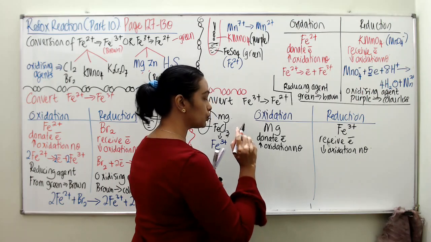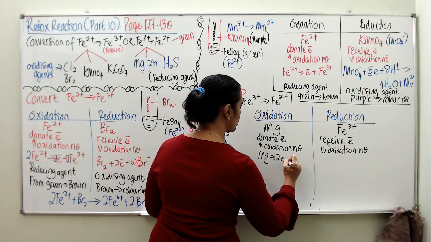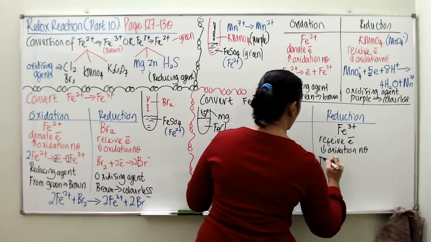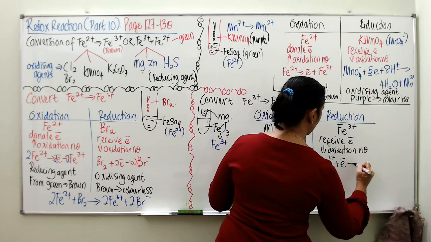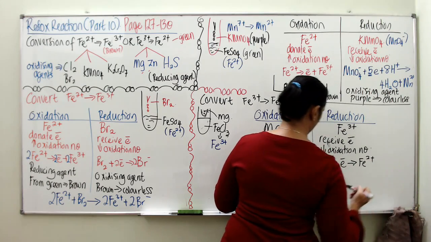Let me prove to you how. Magnesium donates 2 electrons to become magnesium ion. Iron 3 ion will receive 1 electron to become iron 2 ion.